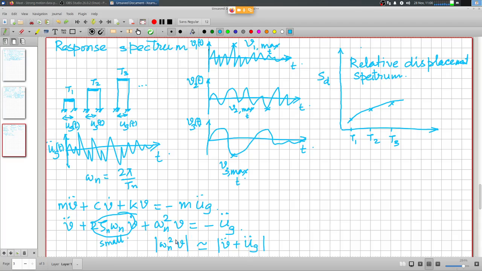So this gives you the maximum response, maximum amplification. So this gives you the acceleration spectra.